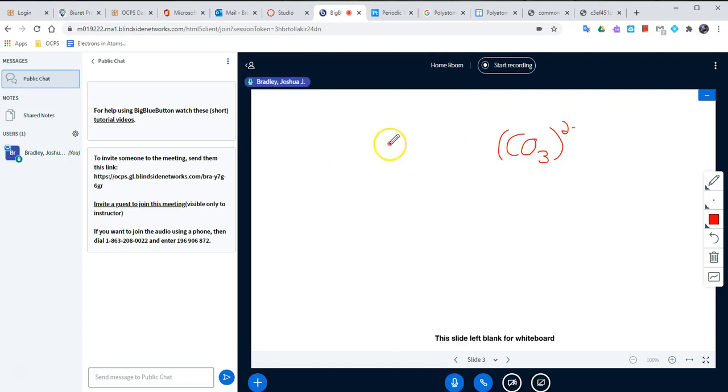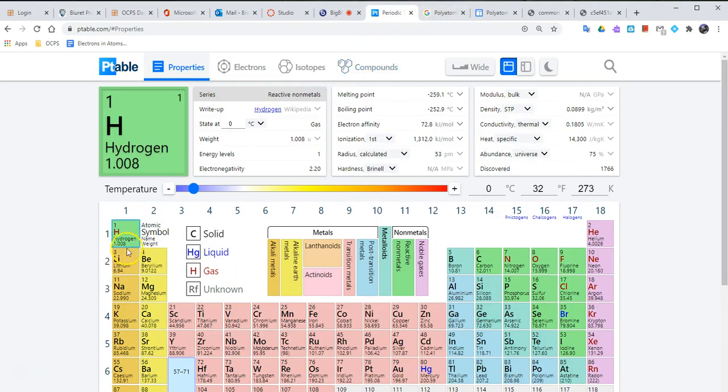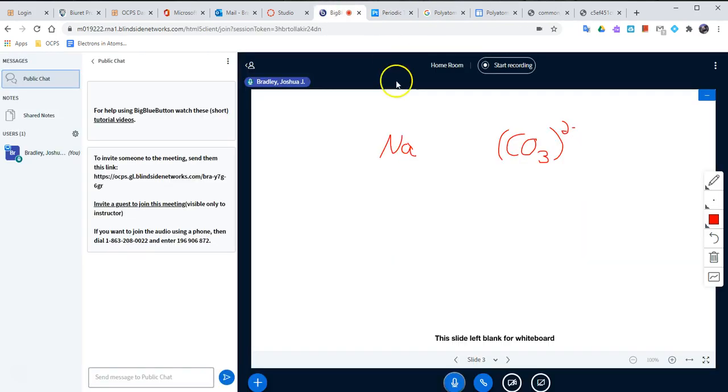Let's say that we take a regular compound. Let's say that we have sodium, and let's make some sodium carbonate. Sodium, we can look back and say, oh, sodium's plus 1. Now we can do the exact same process that we've been working with earlier, except this time we're going to have this carbonate ion, and this ion is going to stay together.